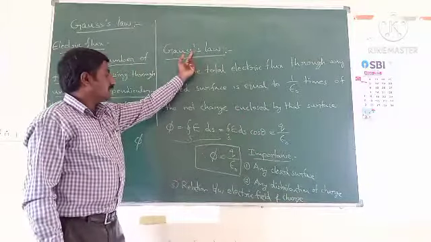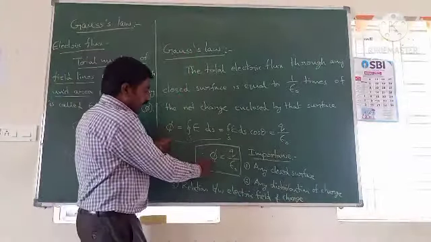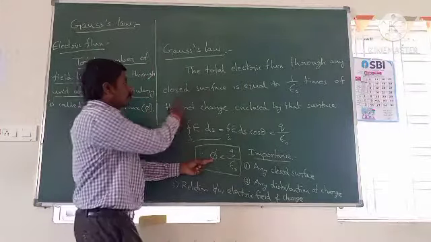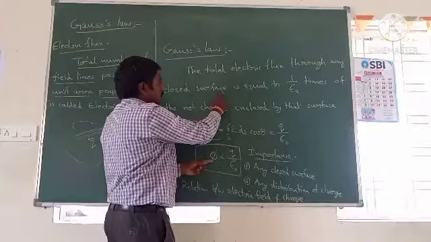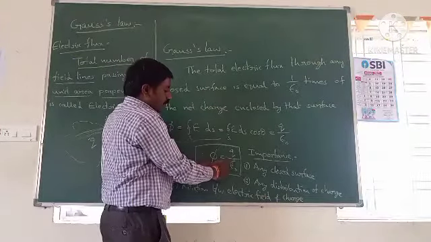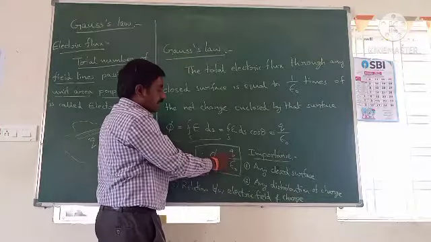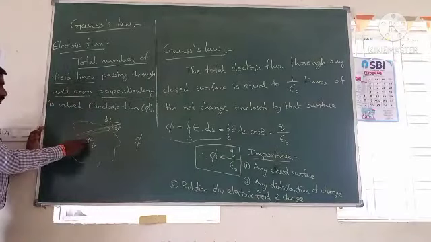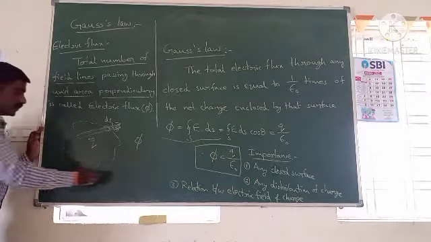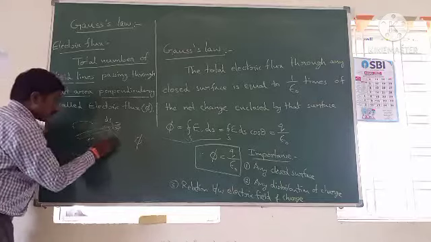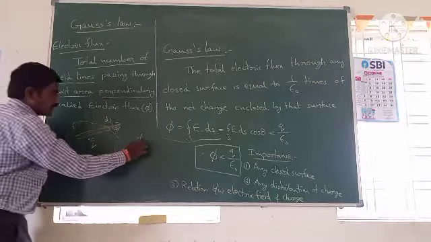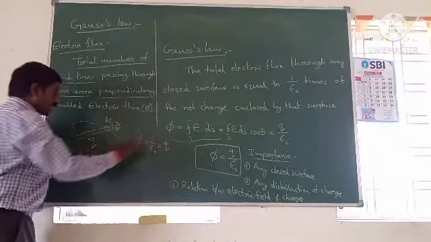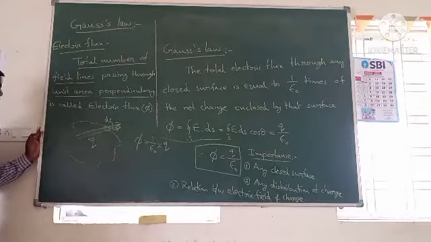According to Gauss law, the total electric flux phi passing through any closed surface is equal to 1 by epsilon naught times the net charge enclosed by the surface. Here the charge Q is enclosed by the surface. That is the statement of Gauss law.